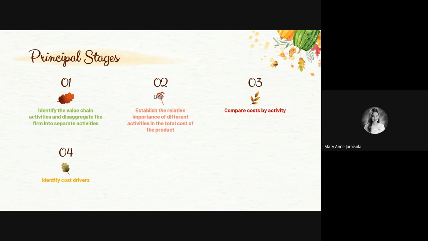The fourth stage is to identify cost drivers. For each activity, what factors determine the level of cost relative to other firms? The factors that influence the costs of the activities in the value chain and are therefore major strategic choices are what we refer to as cost drivers.